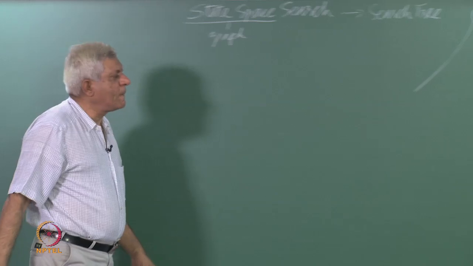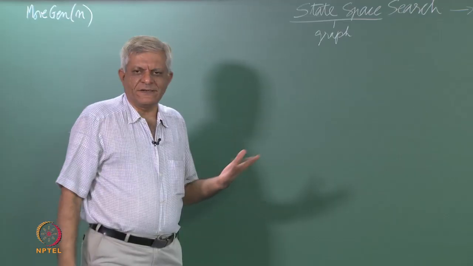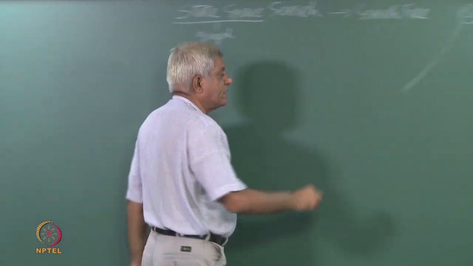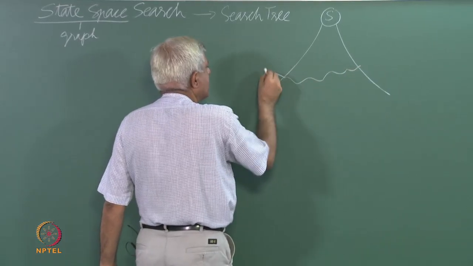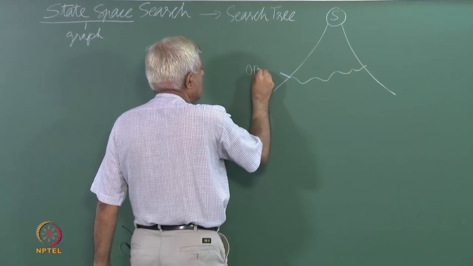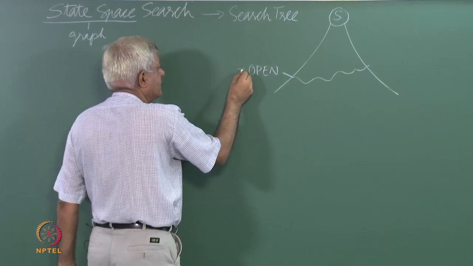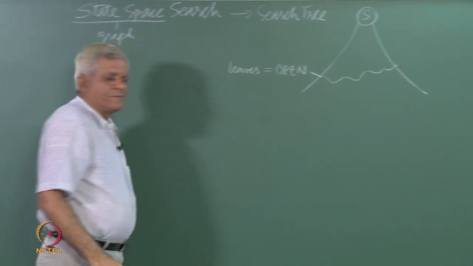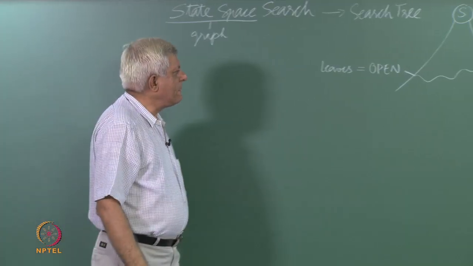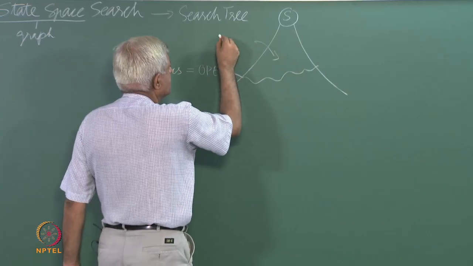We had seen this before. Obviously every tree has two kinds of nodes. One kind of node we have called open. Open is the set of leaves actually. The set of leaves we call open, and the set of internal nodes we call closed.